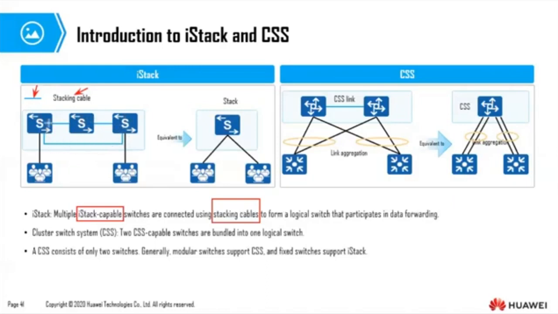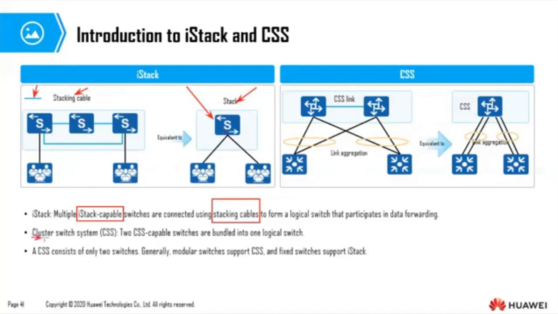So you connect them in a ring topology. When you do that with a stacking cable, and these particular switches are iStack capable, then they are going to form a single logical switch. That single logical switch is what we call a stack. So that's one way in which you can combine physical switches into a single switch.